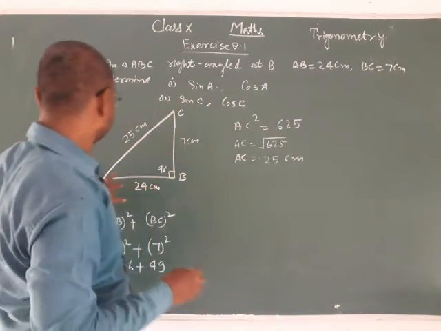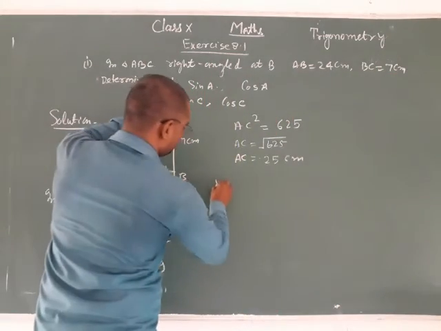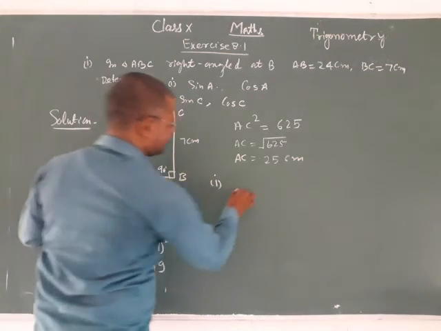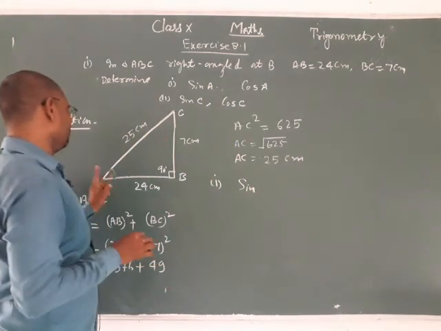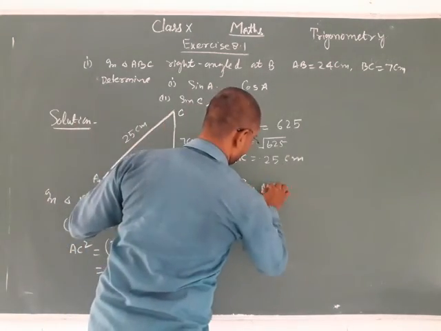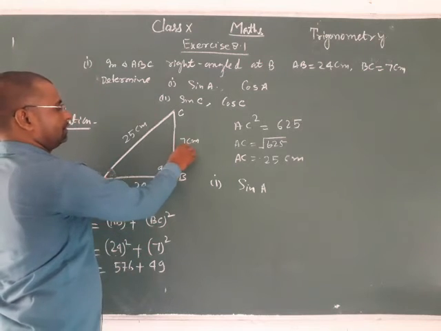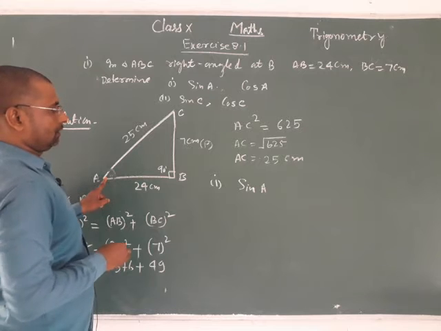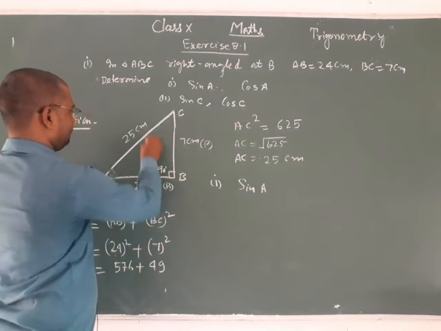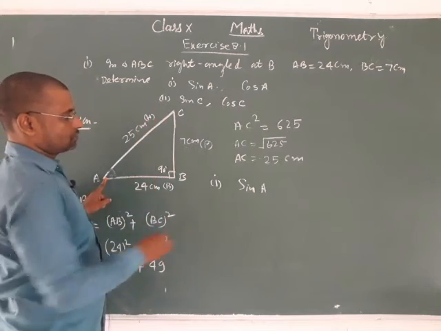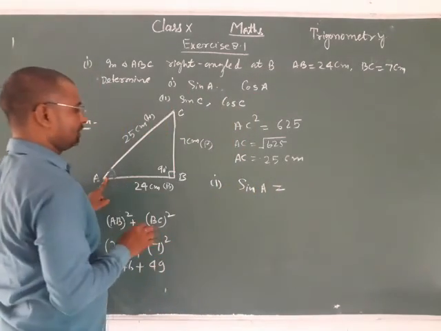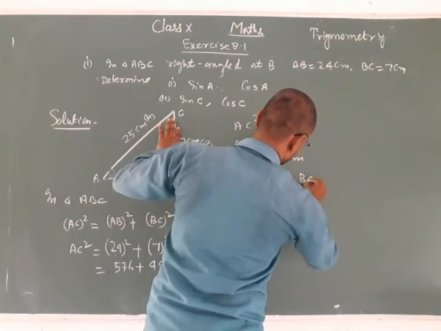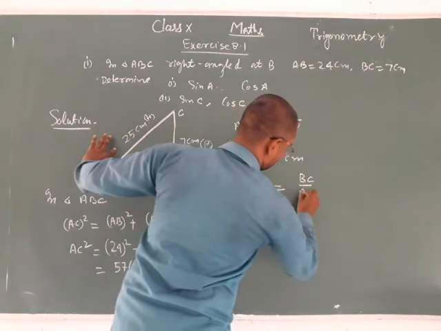Now we find first sin A. This is the ratio of sine, with the side in front of angle A. The front side is P, this is the base and this is H. So sin is P by H, BC upon AC.